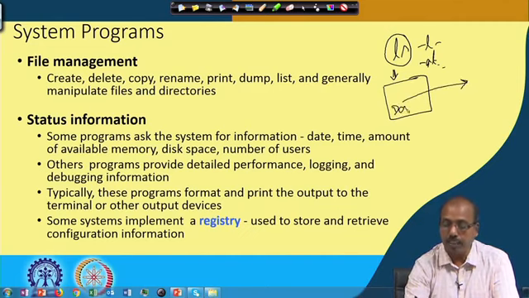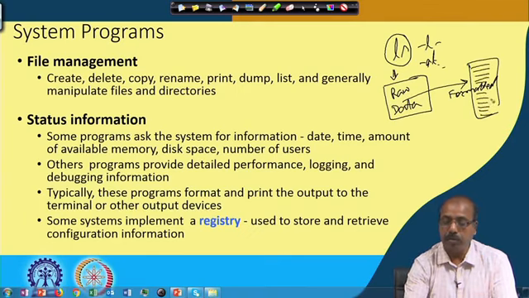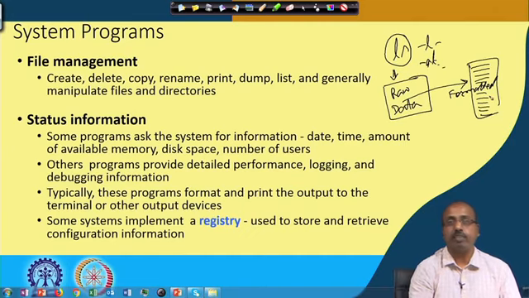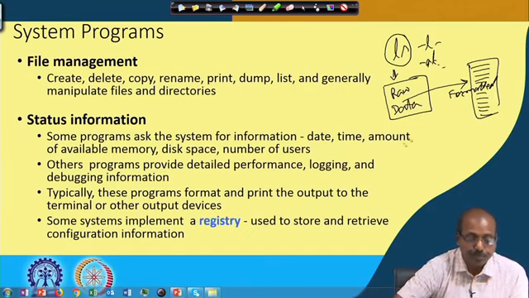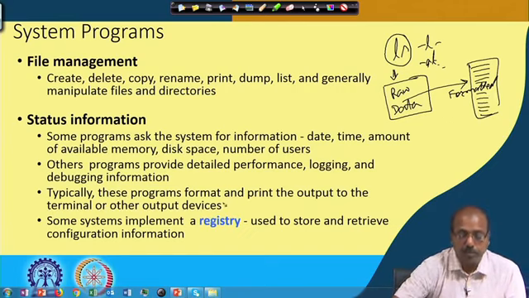This is the whole raw data that the system call has returned, and then it is formatted in proper fashion depending upon the options specified by the user, so that it comes in the way the user was looking for. So, these cosmetic changes or format conversions are done by the system programs, and the system calls return the raw data from the system, and the system programs format it in the form that the user has asked for.